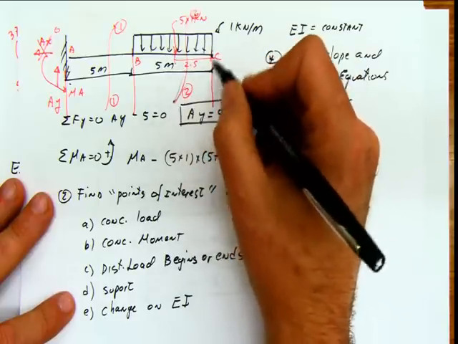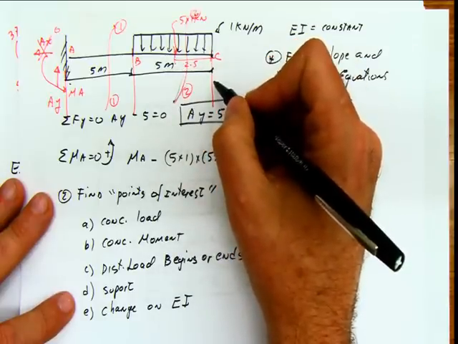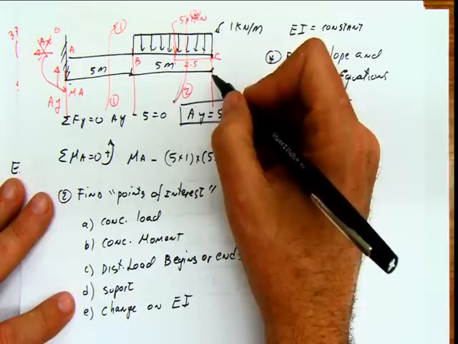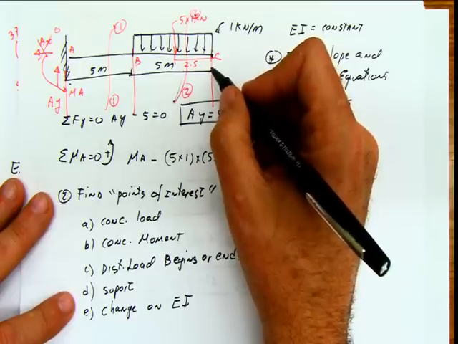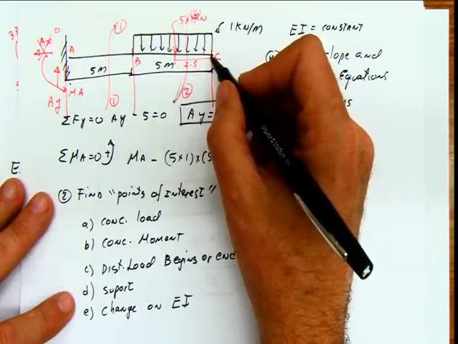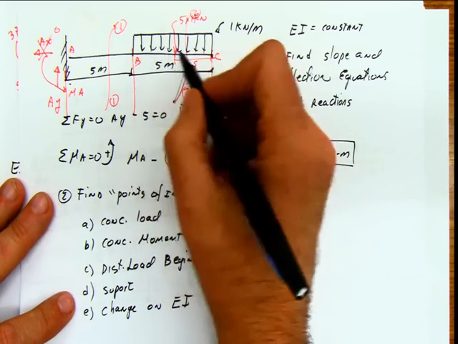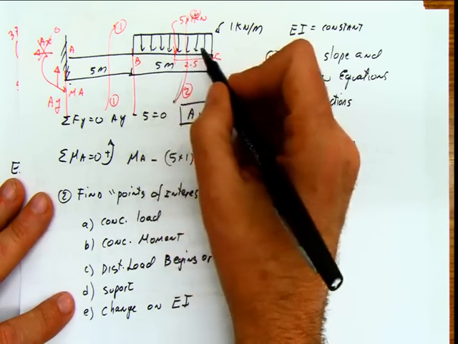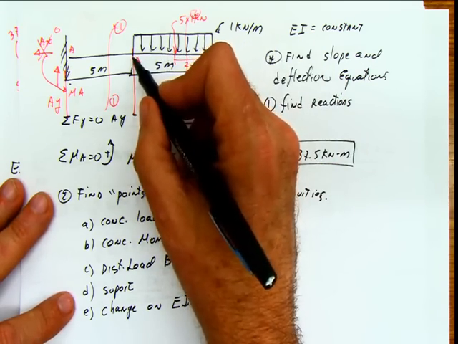I can't quantify that beforehand. And at the same time, I can't say how much the slope is going to be here, or how much the deflection is going to be at the beginning.